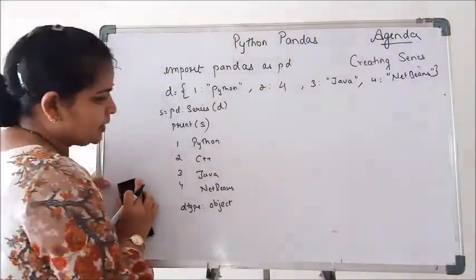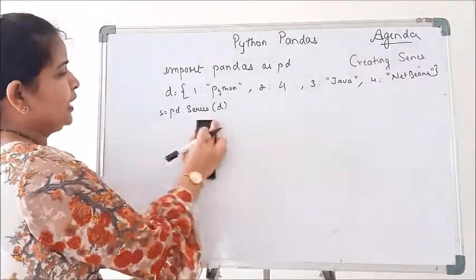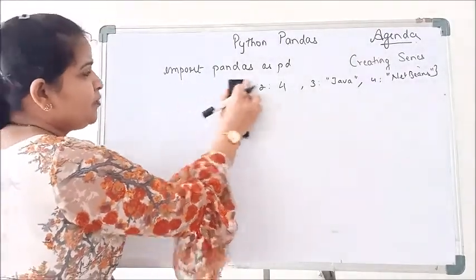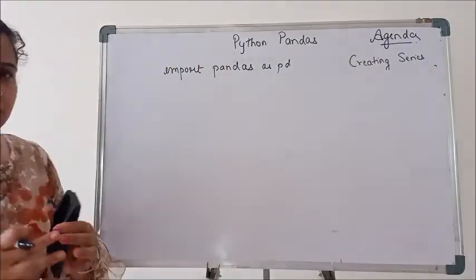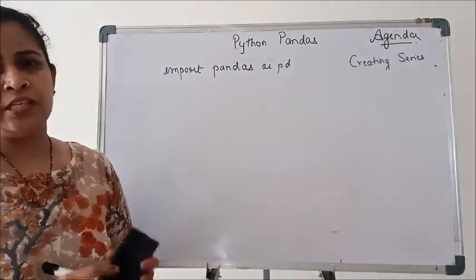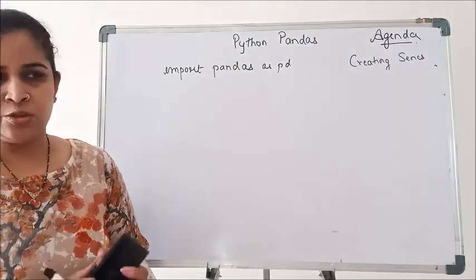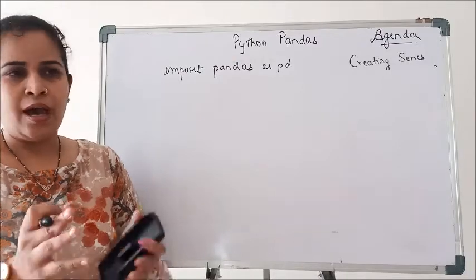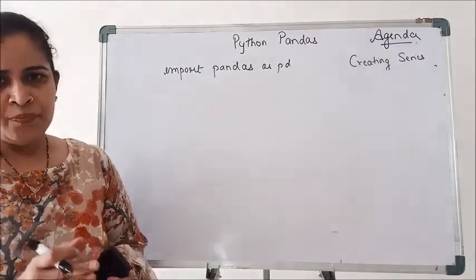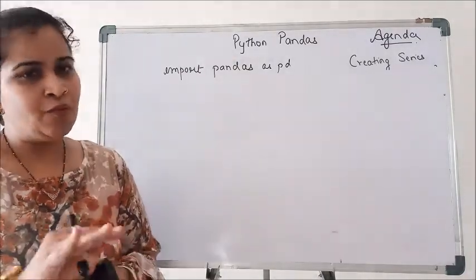Next thing is creating series using missing values. Children, this is very important: in a series, we can change the value, but we cannot change the size of the series. So suppose I am declaring a series in which I know that I want to use 5 elements, but currently I have values of only 4 elements.